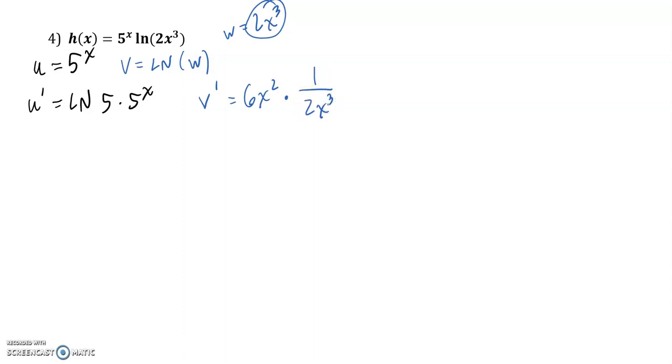So I chained it together. I first did the inside function, the derivative of 2x cubed, power ruled that, and then found the derivative of the natural log of the inside function. Simplify that, I end up with 6x squared over 2x cubed. 6 divided by 2 cancels to make 3, and I'm going to have an x in the denominator.